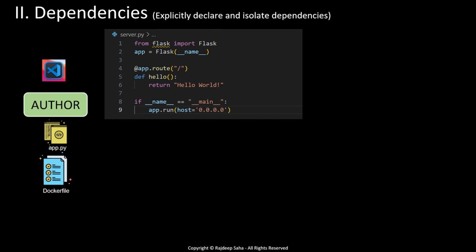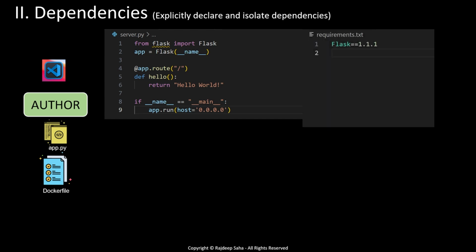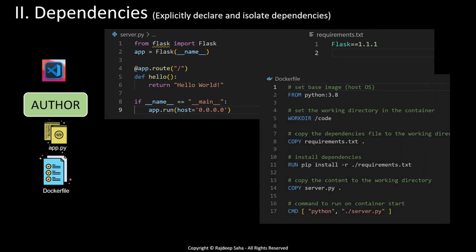In your staging, you may have a different version of Flask running. So as the tagline says, you need to explicitly declare the dependencies. In this case, you need to create a file called requirements.txt and define what version of Flask you want to use. And then in the Dockerfile, you need to do pip install requirements.txt. And when this code is containerized, it will specifically install Flask version 1.1.1.